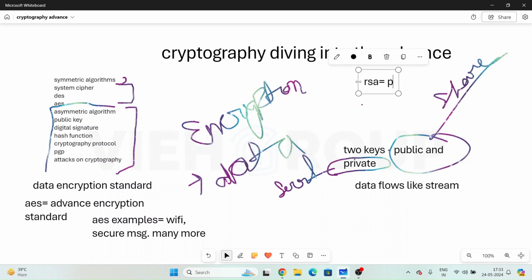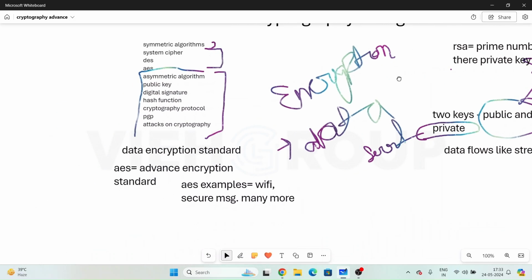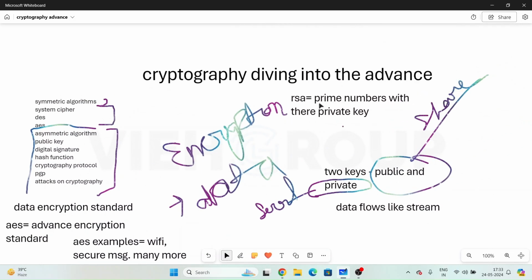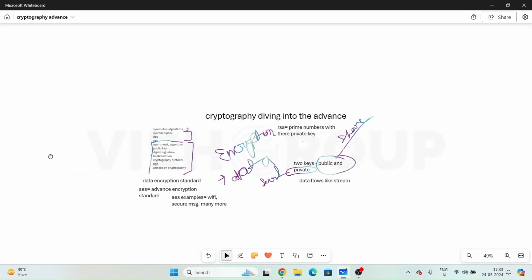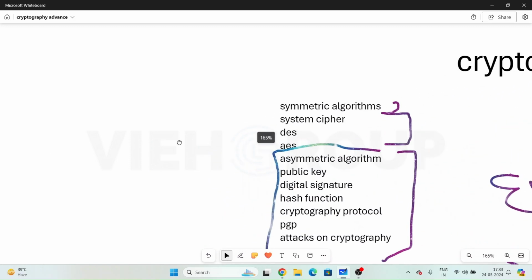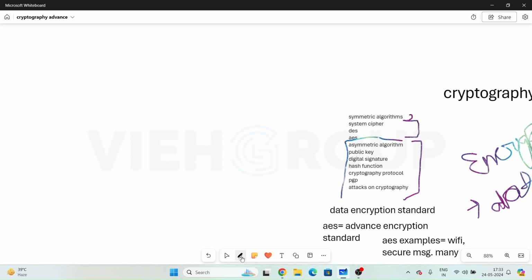It uses prime numbers as the foundation, and decryption with their private key. Oh, what am I doing? Again messed up. I'm going to write it here now.